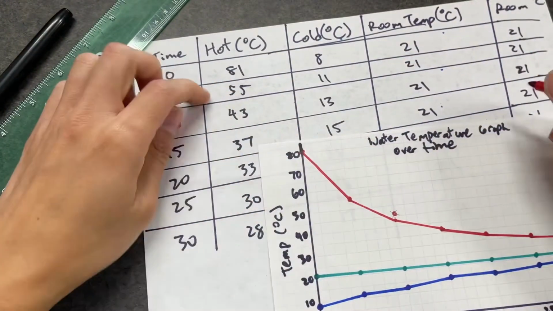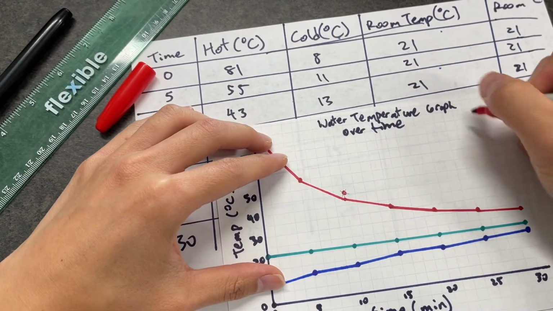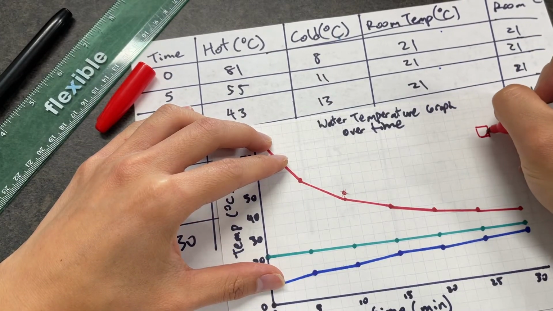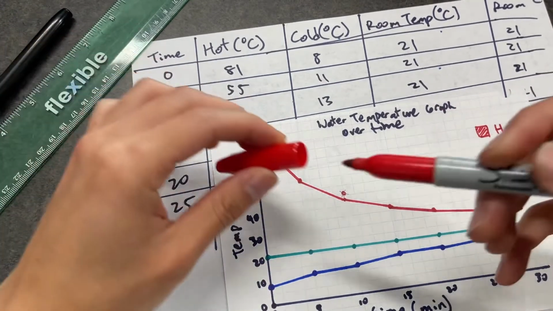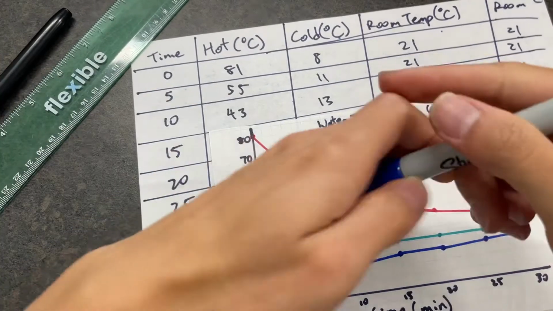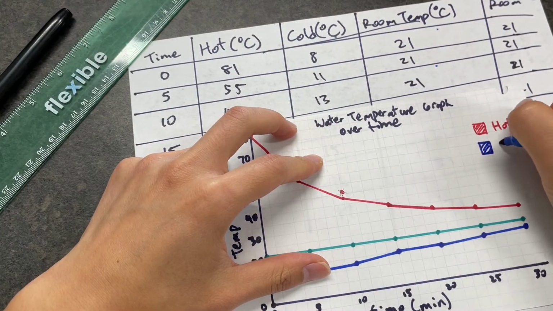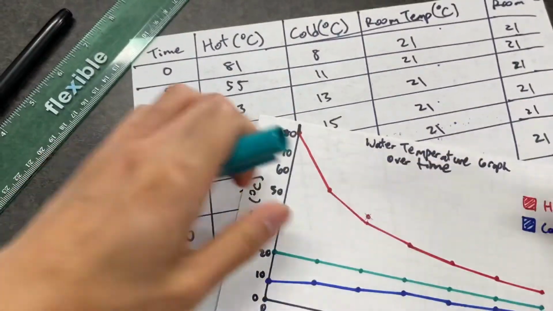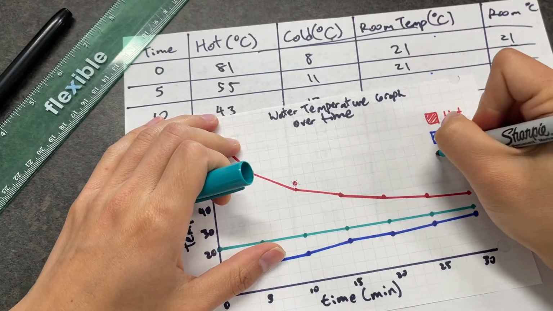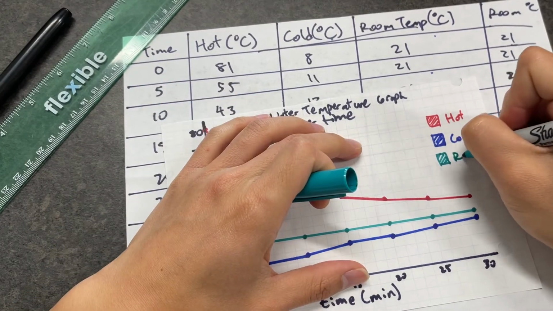And then usually there's a reference or a legend where we'll say this is, for the red line, it's going to be hot water. For the blue line, it'll be cold water. And then for the blue-green line, we'll say this is room temp.